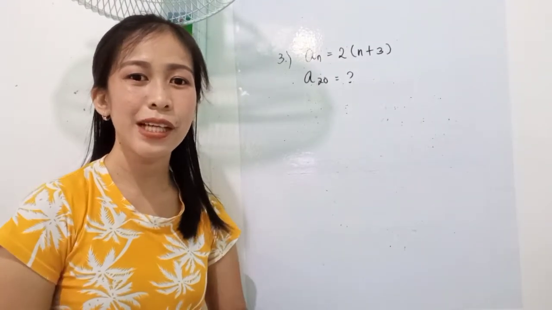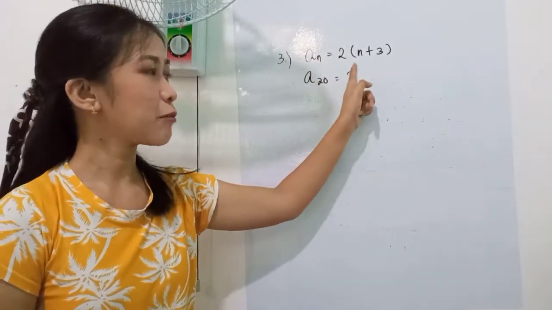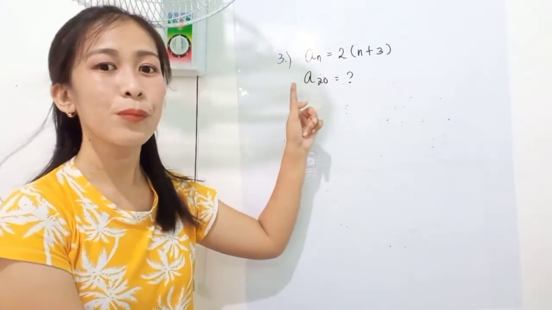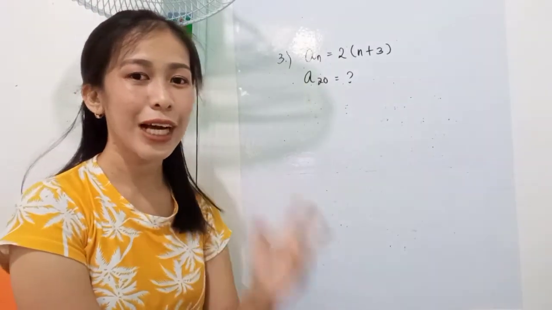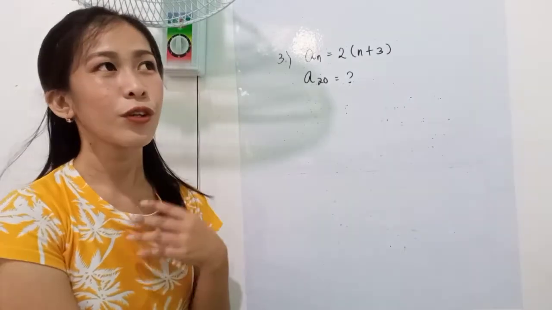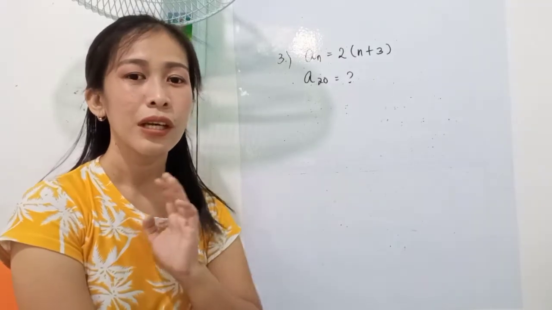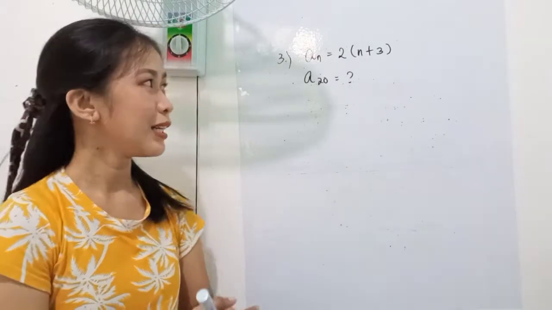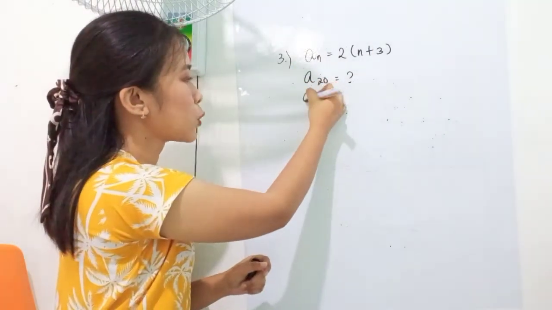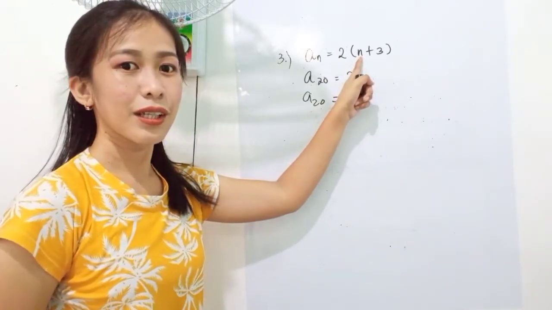Okay, so for our example number 3, we have here a sub n is equal to 2 times n plus 3. And what we are going to find is a sub 20. Okay? So, yun yung hahanapin natin, yung pang-20th term. Okay? So, syempre, tinuro ko na sa inyo kanina kung paano yung gagawin. You're just going to substitute 20 as n. Diba? So, in this sequence, ayan, we have a sub 20 is equal to 2 times our n is here.